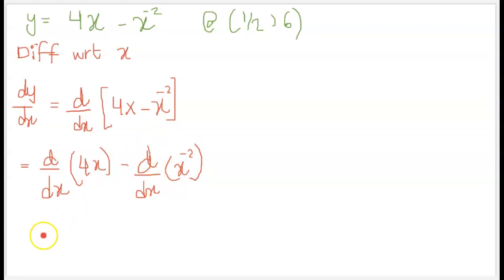So when I differentiate this thing, the 4 is outside. When I differentiate that one, the power comes out. Reduce the power. I put that minus in a bracket, otherwise it will interact with this one. So it's a good idea to put that in bracket. If positive, doesn't matter. If negative, you need to put the bracket. Power comes out. Reduce the power by 1. So minus 2 minus 1.